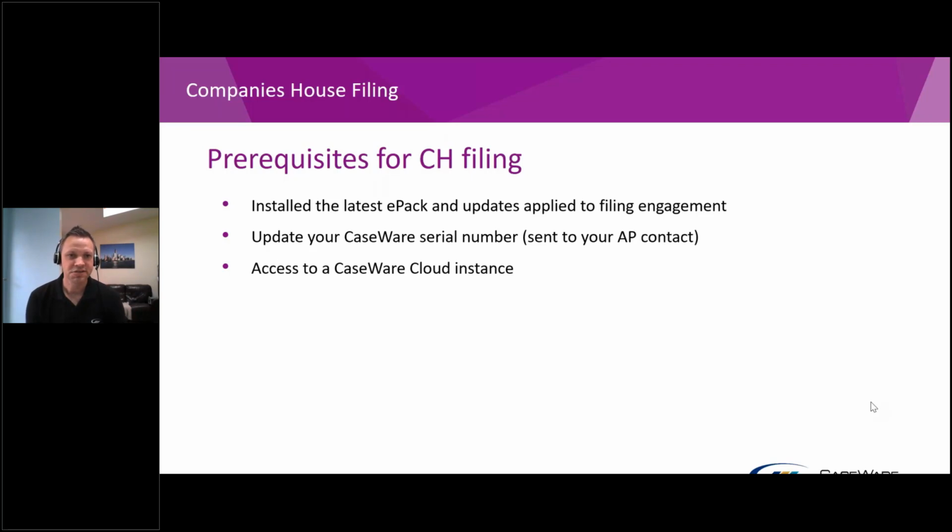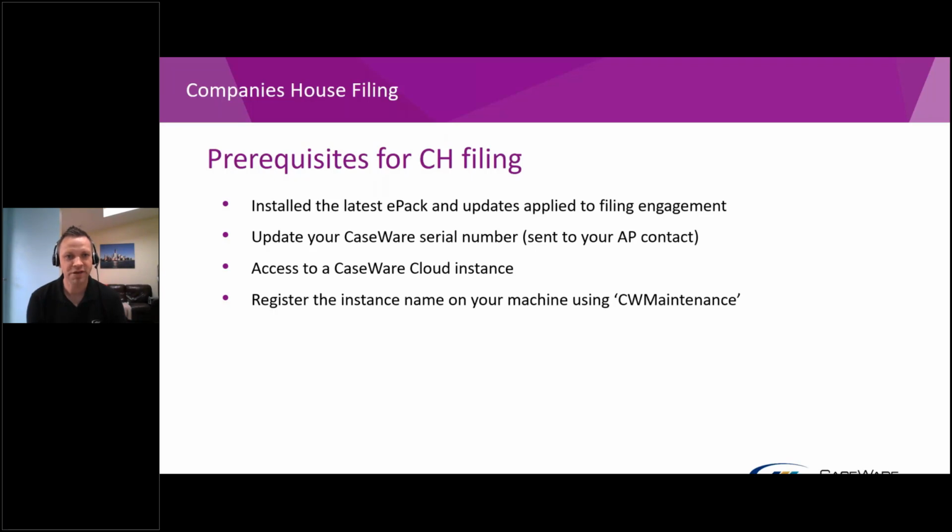You will also need access to your own CaseWare Cloud instance, which should be set up for you as and when you join the cloud. So it's very important that each firm has their own CaseWare Cloud instance, and you need your own instance in order to be able to file with Companies House. Now, your instance name, again, that will be given initially to your CaseWare contact.